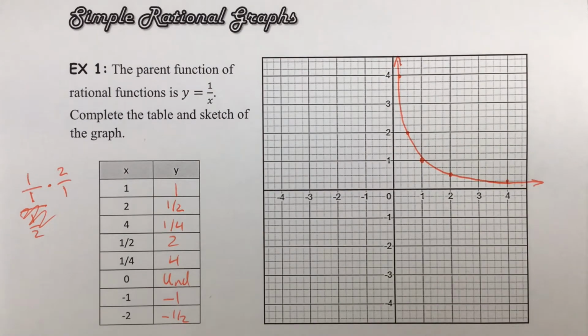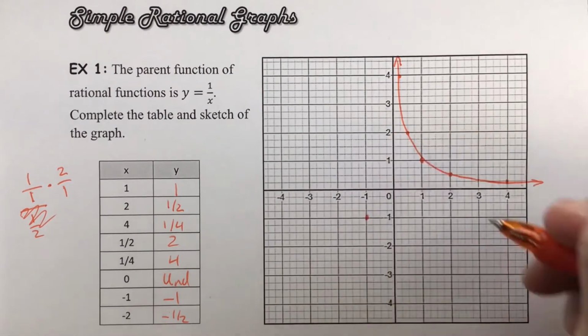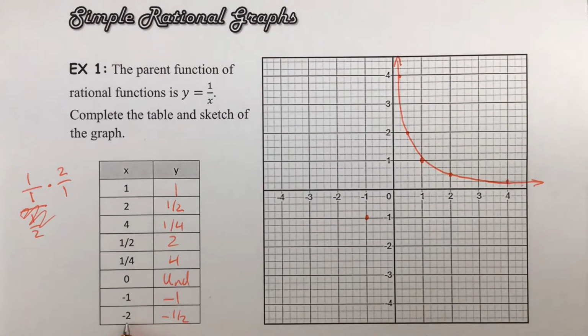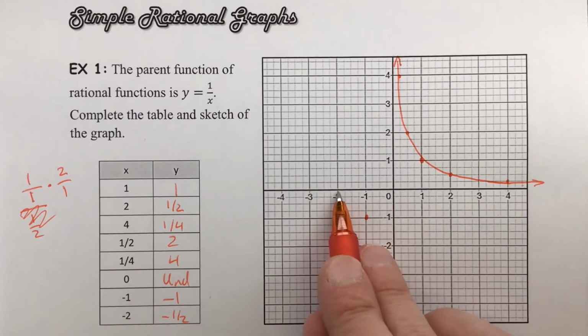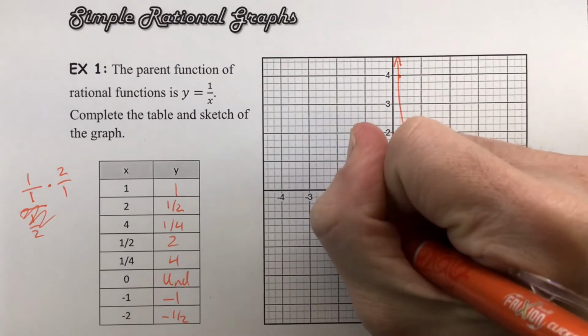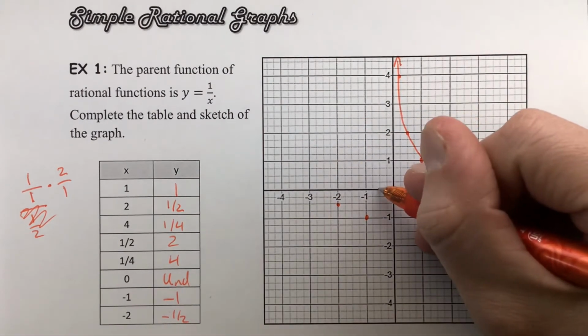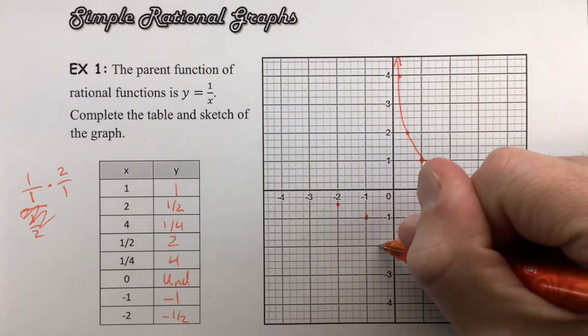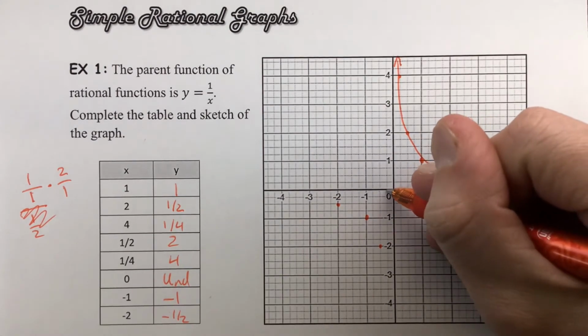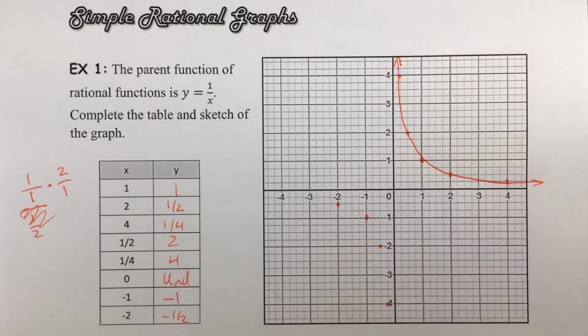Now this isn't the only part of the graph, because remember we got negative numbers. At -1, you get -1. You get this point. At -2, you get -1/2. Back 2, down 1/2. You're here. Likewise, if you went back 1/2, you would go down 2. Or back 1/4, down 4. You get the same picture, but in quadrant 3.